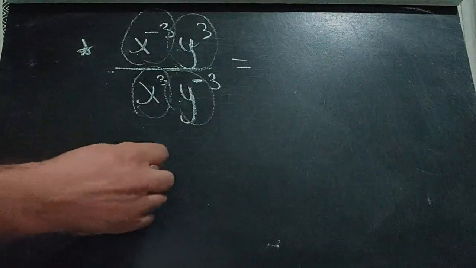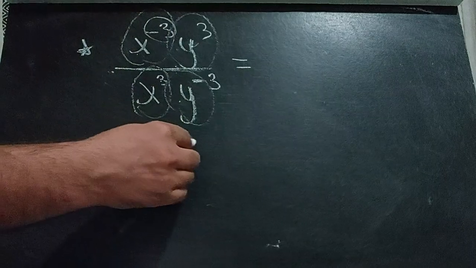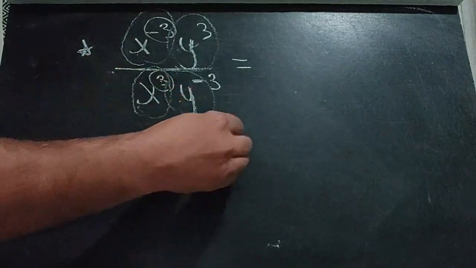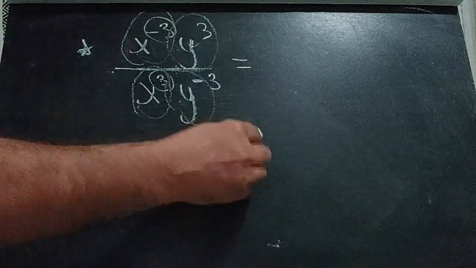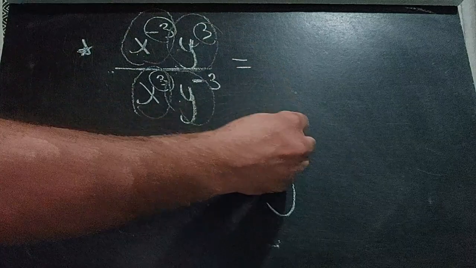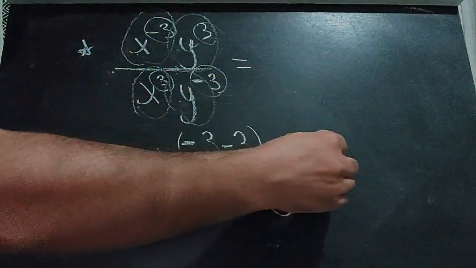That will give me x, see, negative 3 minus, that is positive 3, times y power 3 minus negative 3.